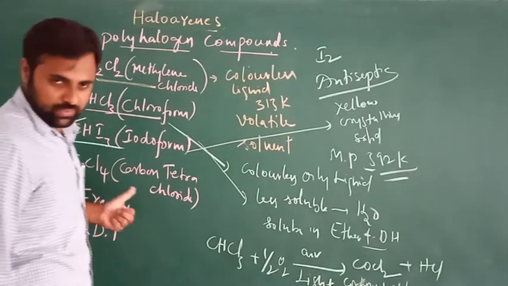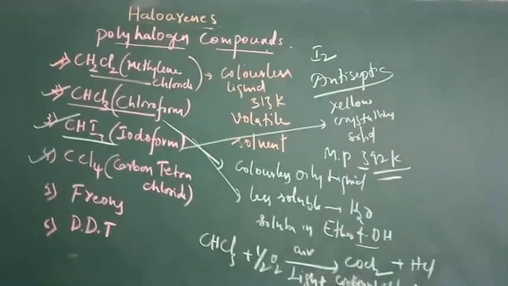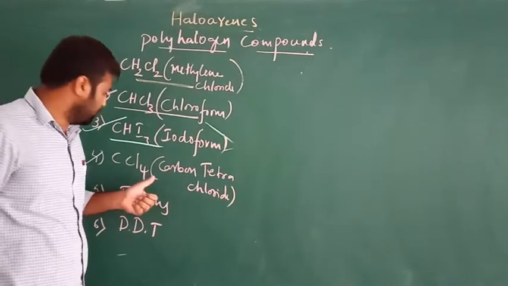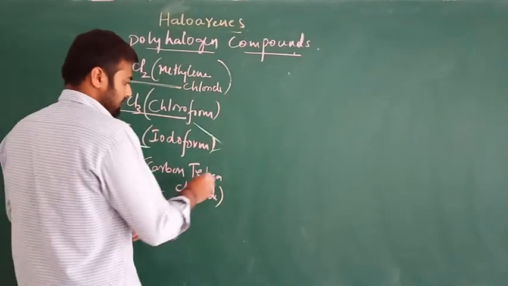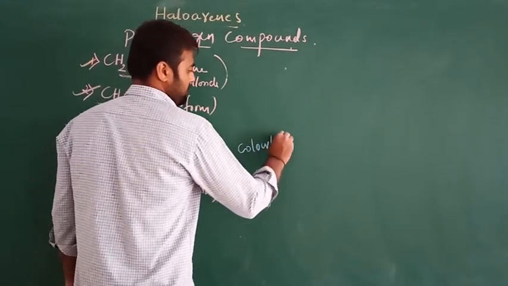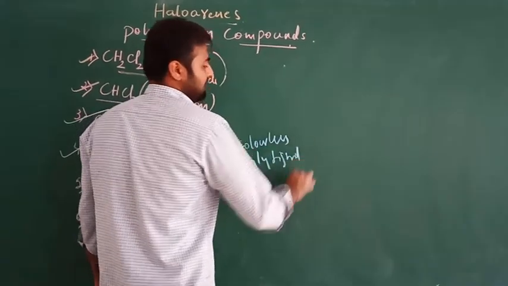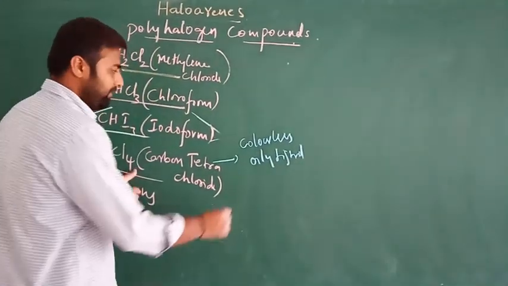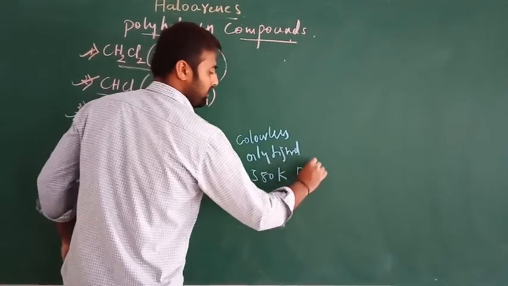Now let us move on to the fourth one, that is carbon tetrachloride. This carbon tetrachloride is also a colorless, oily liquid with a sweet smell and a boiling point of about 350 Kelvin.